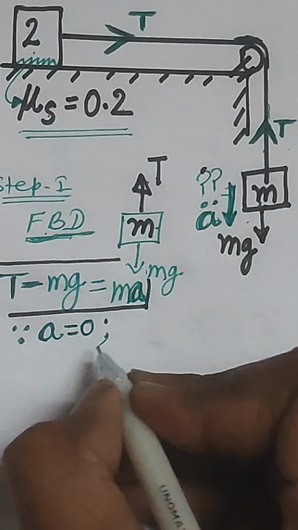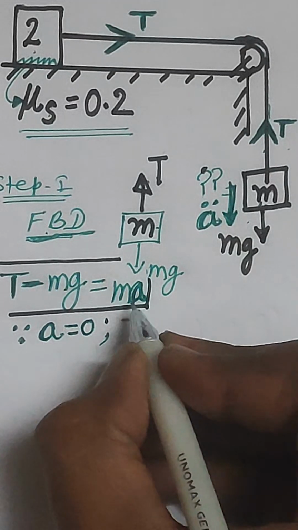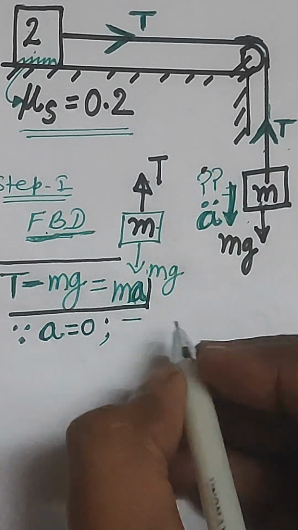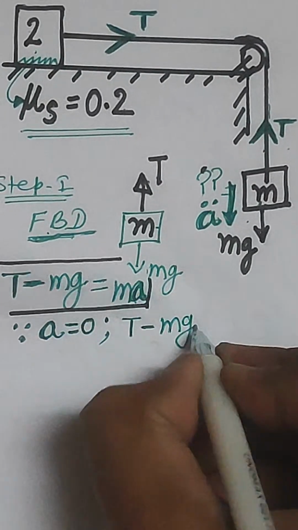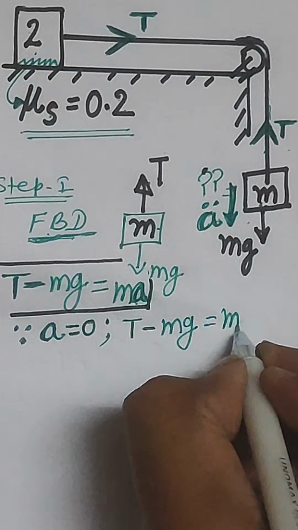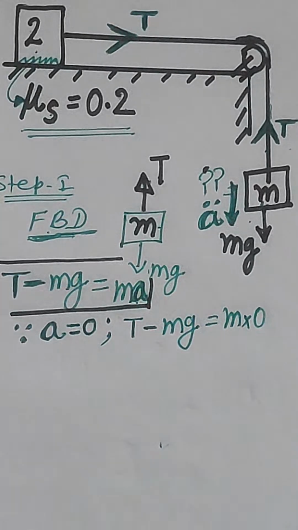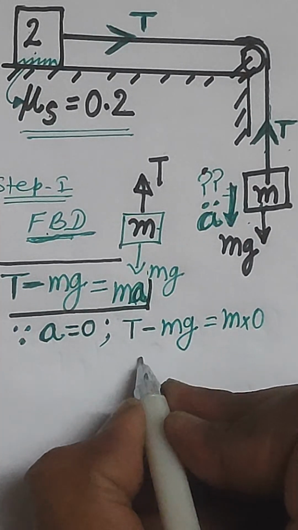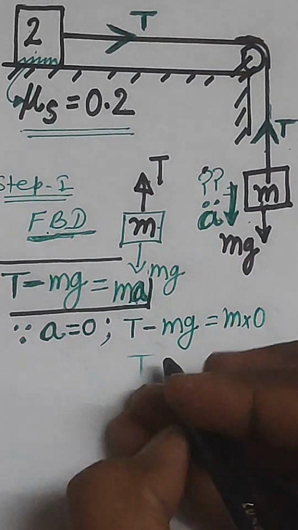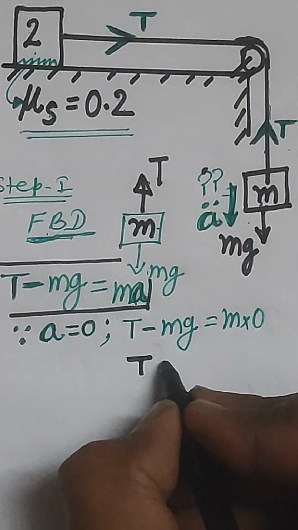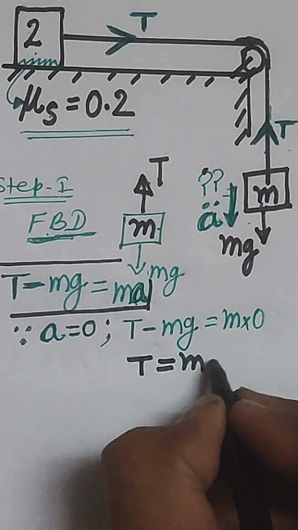Since a equal to 0, the RHS will be equal to 0, and this will give you T minus mg is equal to m into 0, right? My refill is finished, let me change the pen. So T equal to mg.